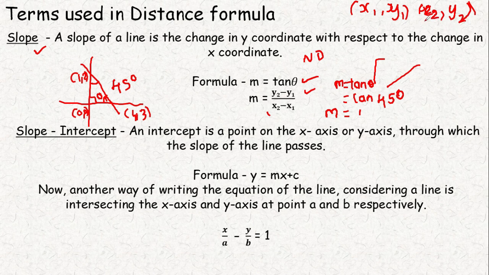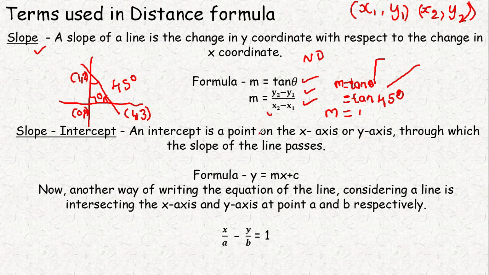If they give 2 points like this, then we write it as y2 minus y1 by x2 minus x1. This is the other formula for finding the slope of the given line.